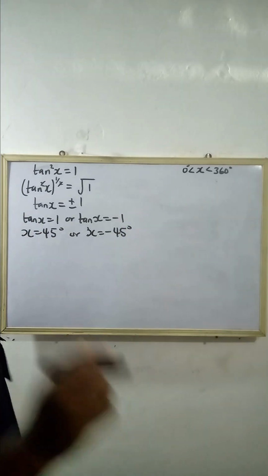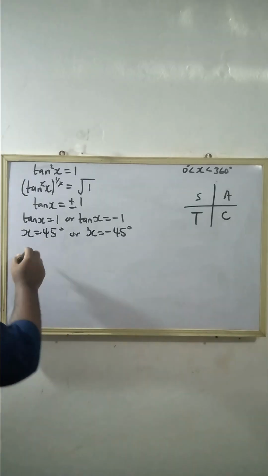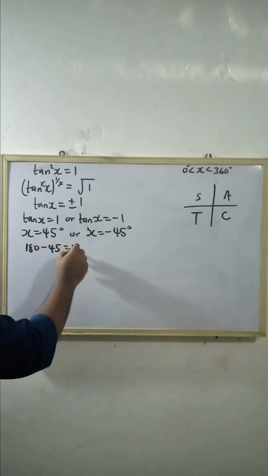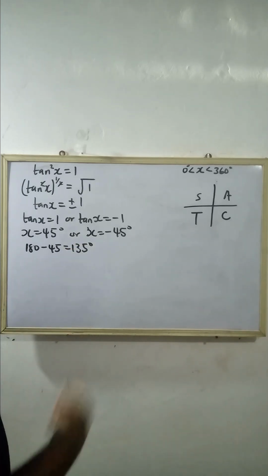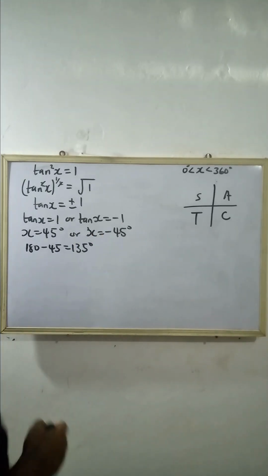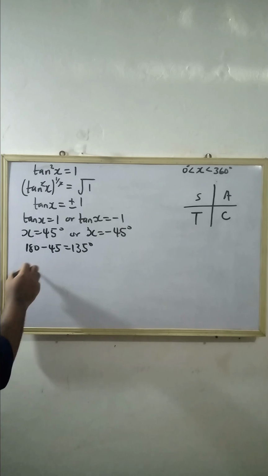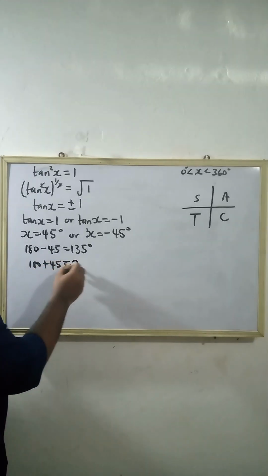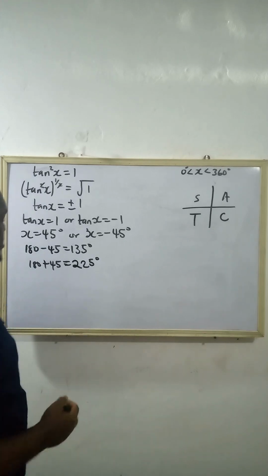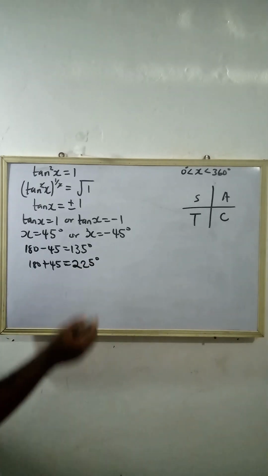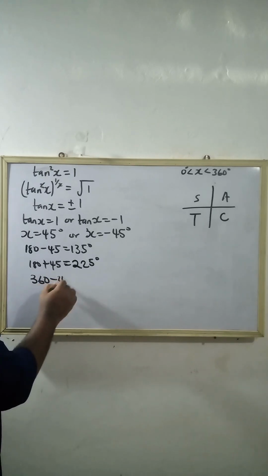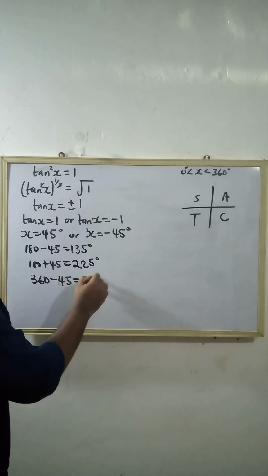On the second quadrant, the corresponding value is 180 minus 45, which is 135 degrees. On the third quadrant, the corresponding value is 180 plus 45, and that is 225 degrees. The corresponding value of x on the fourth quadrant is 360 minus 45, and that is 315 degrees.